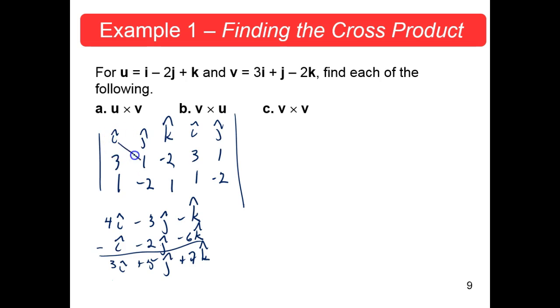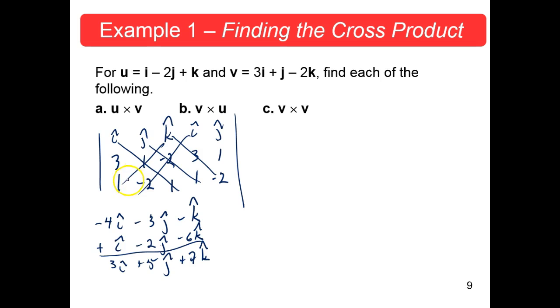Again, do your downs, and you get a 1i. Down is a negative 2j. There it is. And a down is a negative 6k. There it is. Then do your ups. That's a minus k. That's what we got here. Ups. That's a minus a positive 2. So that's 4. Minus 4i.